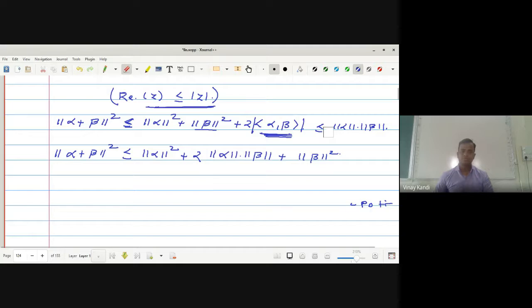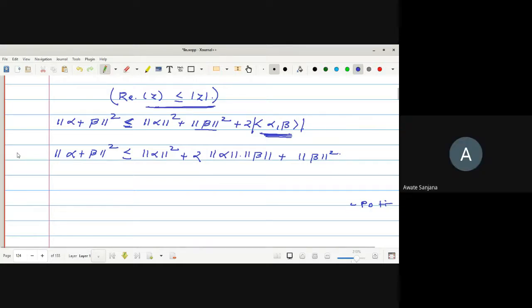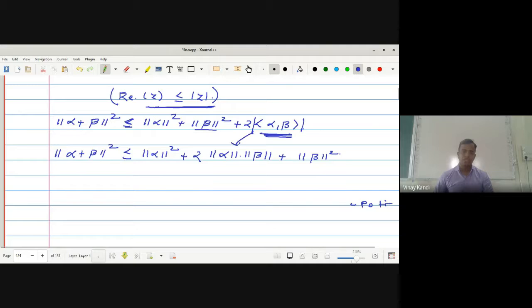Okay, any doubt now? No, sir. In place of mod of inner product of alpha beta, we write by Schwarz's inequality a bigger quantity than this one, so there is no effect on this sign. So now this implies norm square of alpha plus beta is less than or equal to norm of alpha plus norm of beta, bracket square.